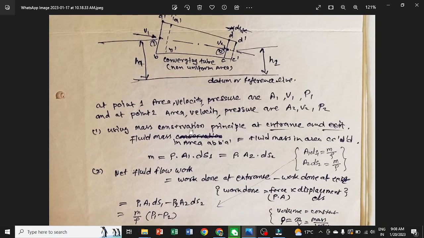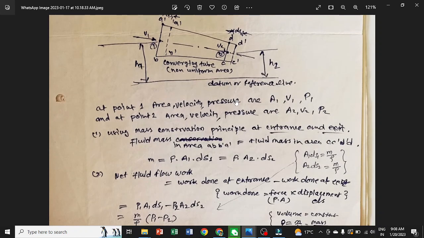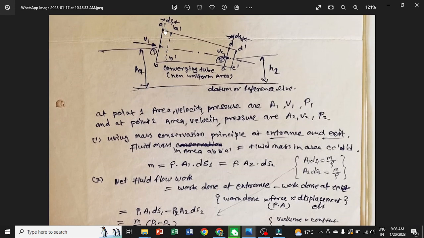So using the mass conservation principle at entrance and exit, the fluid mass in area A, B dash, A dash will be equal to the fluid mass in area C dash, D dash and D. It means the mass entering this section will be equal to the mass exiting at this section. So we will equalize this.